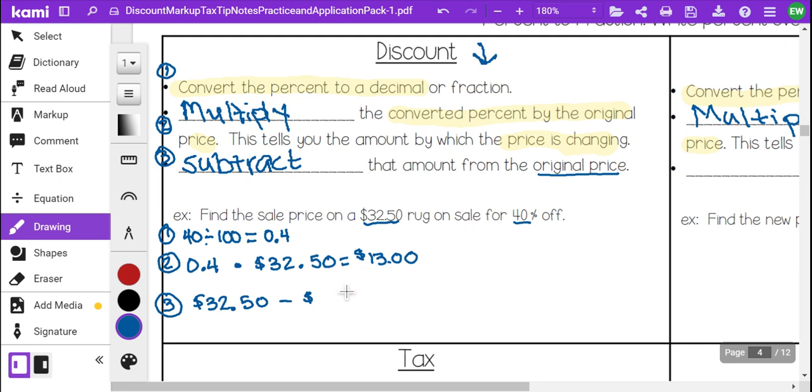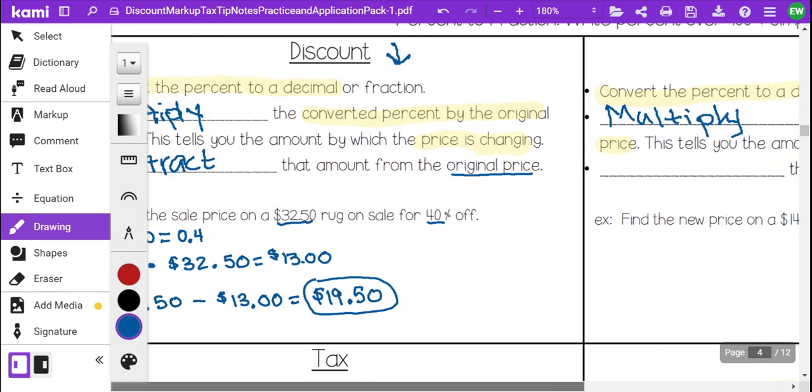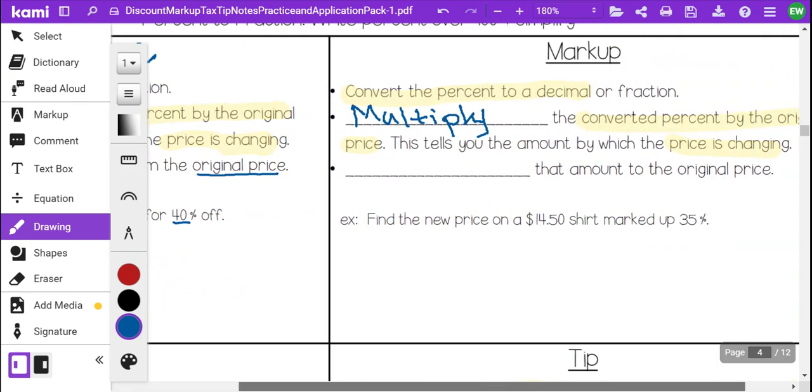So we're going to subtract the $13 that we figured out. $32.50 minus 13 is $19.50. That's how much you're paying. Ooh, I like that 40% discount. I got that shirt for really cheap. Oh, it's a rug, not a shirt. All right, pause if you need to copy the notes. I'm going to move on to markup.